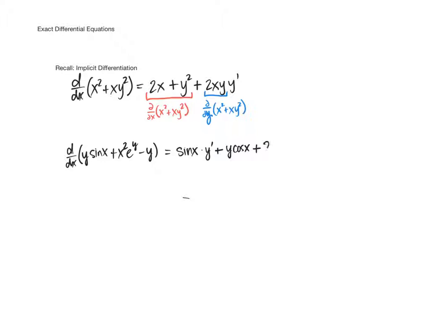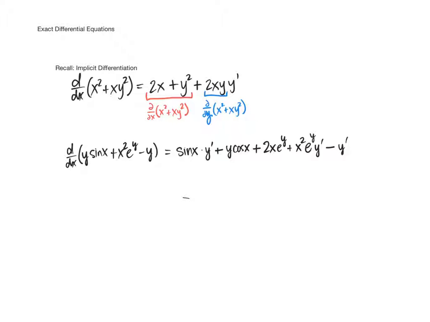Again, it's a product, so I'll have 2x e to the y plus x squared, and then the derivative of e to the y with respect to x is e to the y, y prime. And then minus the derivative of y, again with respect to x, which is y prime, or dy dx.